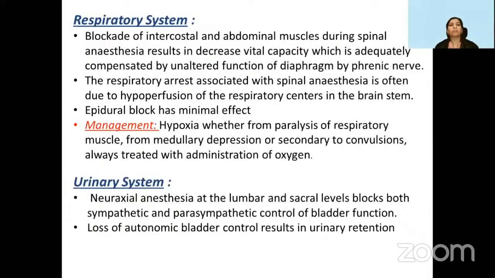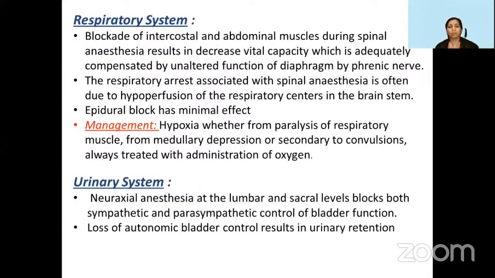In the respiratory system, there can be a decrease in the vital capacity, which is compensated by the unaltered function of the diaphragm by the phrenic nerve. Respiratory arrest can occur due to hypoperfusion of the respiratory centers in the brainstem. Management is by the administration of oxygen.